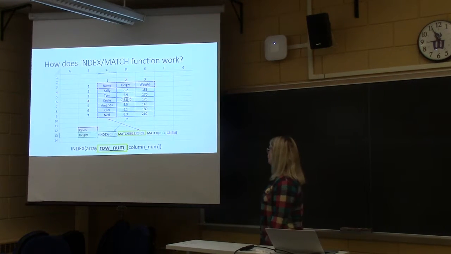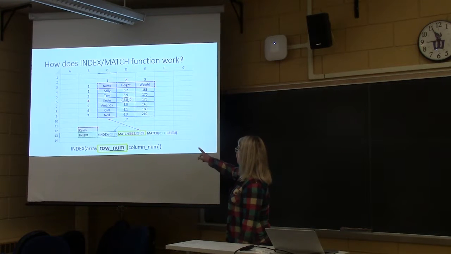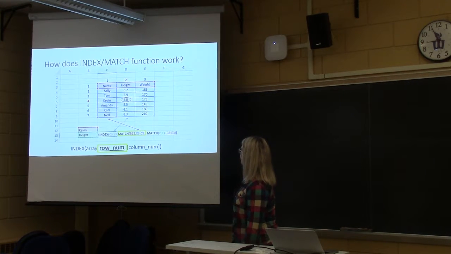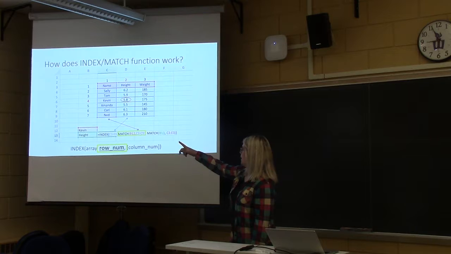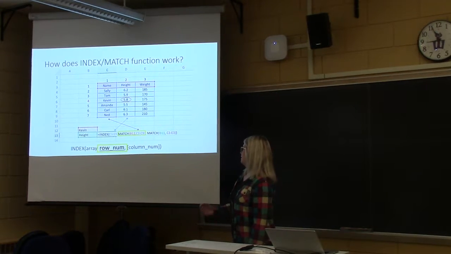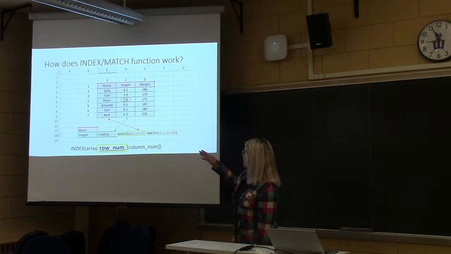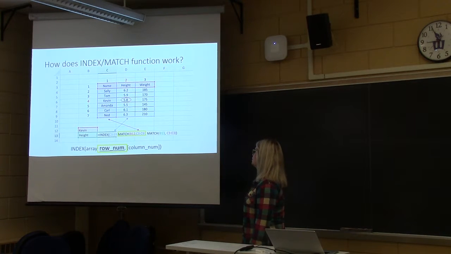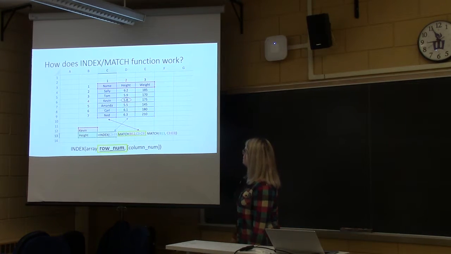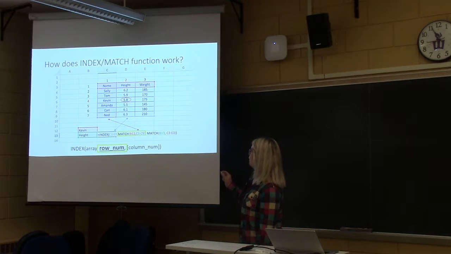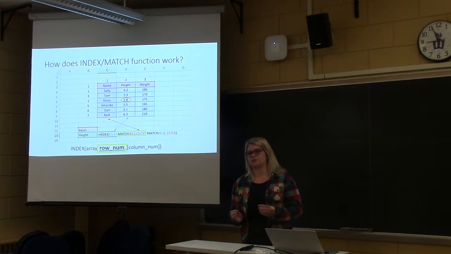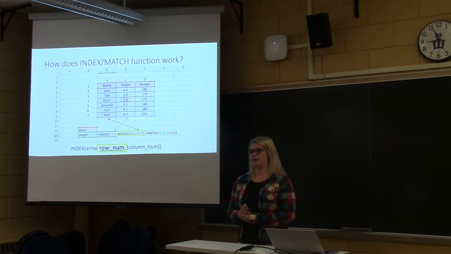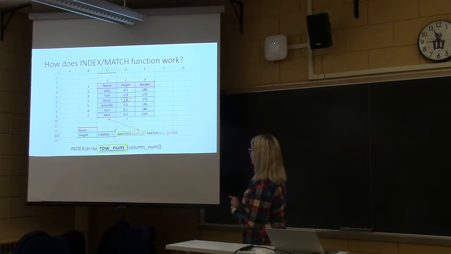Then this single match function is going to say, okay, our lookup value is that red highlighted name, Kevin, and we want to look for Kevin in the names category in the purple highlighted section. It's going to find Kevin at spot number 4, and that match function is going to return 4 to our index for the row number.